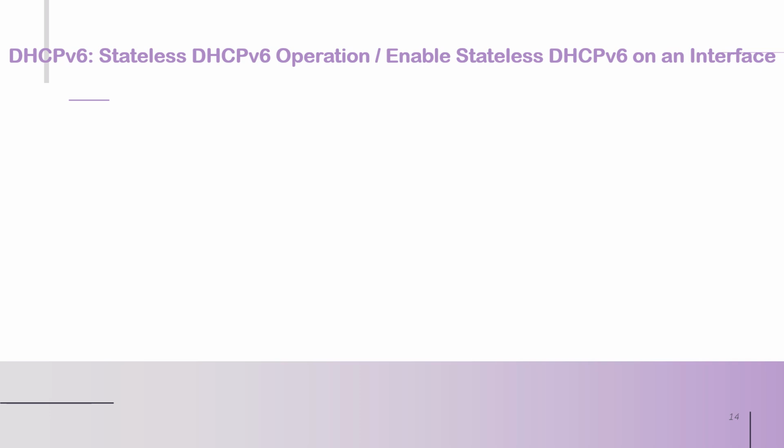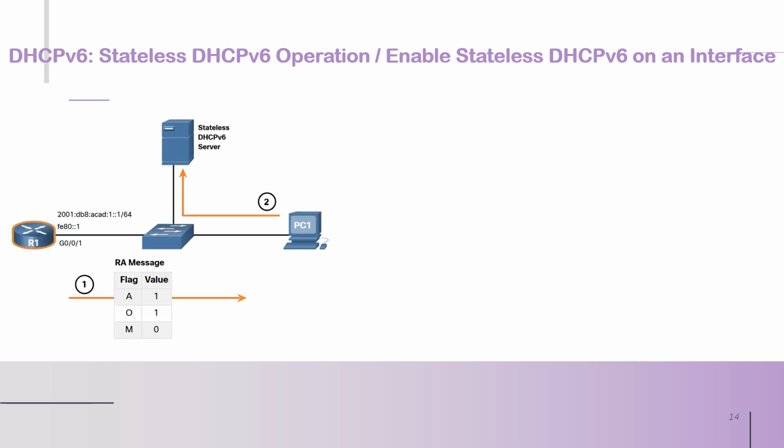This process is known as stateless DHCP version 6 because the server is not maintaining any client state information, for example the list of available and allocated IPv6 addresses. The stateless DHCP version 6 server is only providing configuration parameters for a client and not the IPv6 address. And this is illustrated here in this figure.